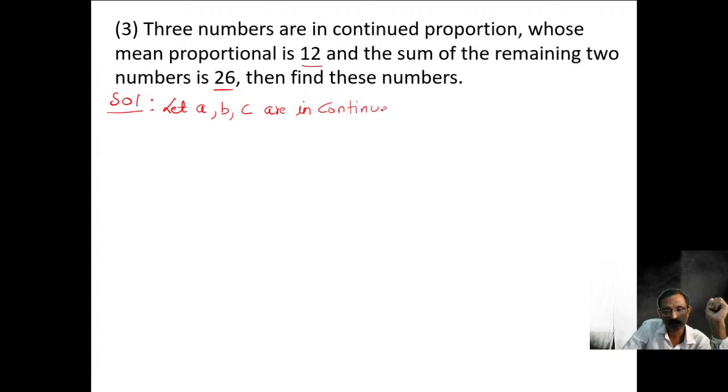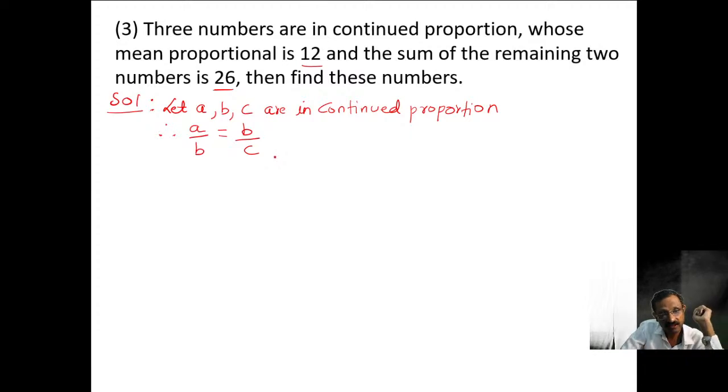They are in continued proportion. If they are in continued proportion, what do we have? We have seen through our previous examples. Therefore, can I write A upon B is equal to B upon C?